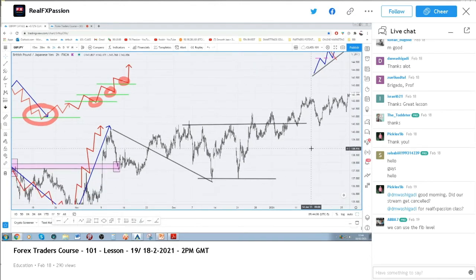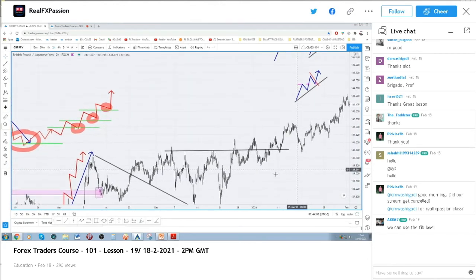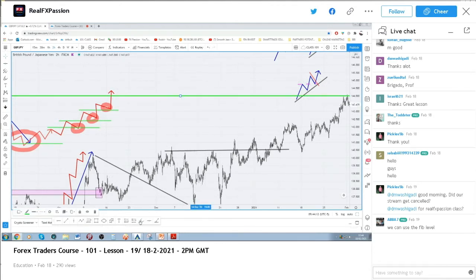But remember, if we have a pivot point up in here from the monthly, and we're going to learn this in the future lessons, maybe this is not the right time to buy. Make sense? Why not? Because it's a pivot point from the monthly. The market is going to hit the ceiling and react. And as much as we want our trade to be a winner, it is going to be a loser.